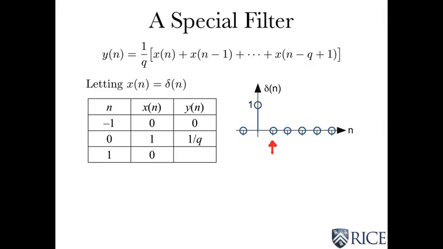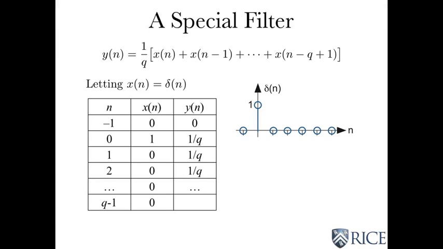So what the filter does is it takes that value and the q ones previous, adds them up, divides by q. Well, we're only getting this unit sample in here. Everything else is 0, so again we get 1 over q. And we can keep going with this. I think it's pretty clear. We still get the answer 1 over q until we get to the time q minus 1.